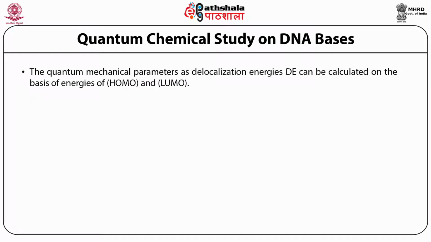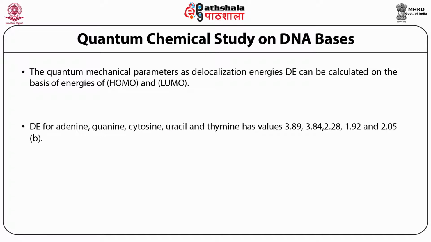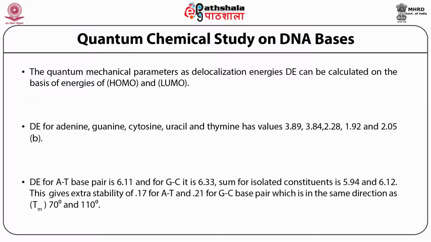The quantum mechanical parameters such as delocalization energy dE can be calculated on the basis of energies of highest occupied molecular orbital and lowest unoccupied molecular orbital. For example, dE for adenine, guanine, cytosine, uracil and thymine was calculated to be equal to 3.89, 3.84, 2.28 and so on. dE for AT base pair was found to be 6.11, whereas for GC it was 6.33.